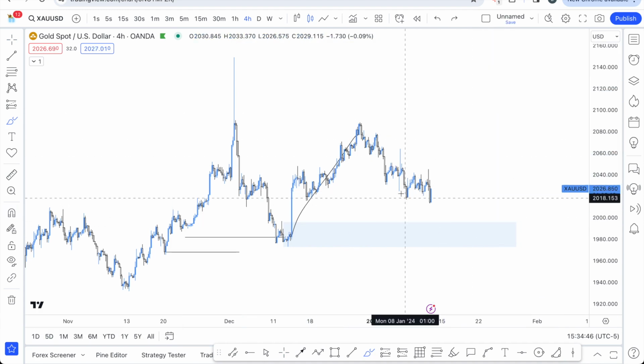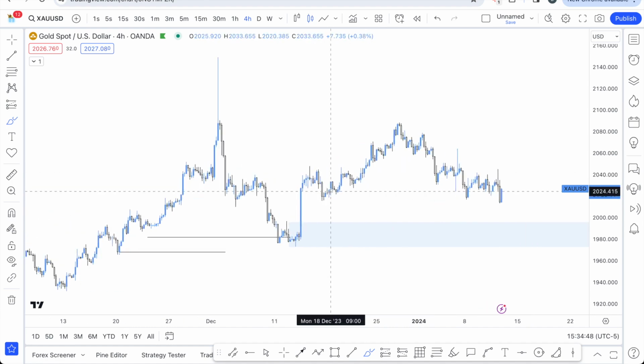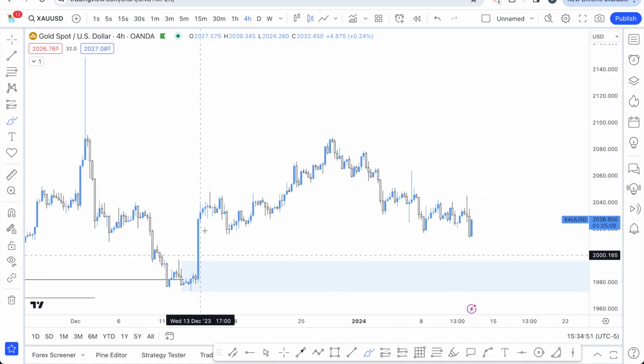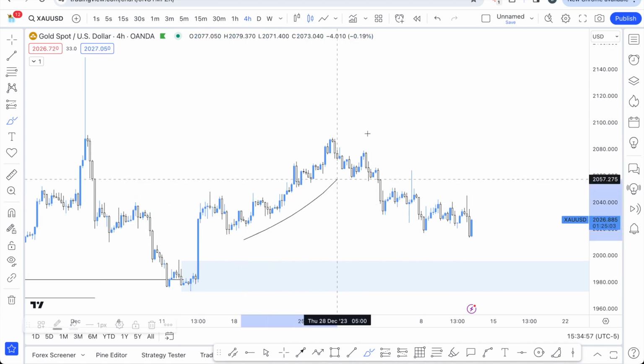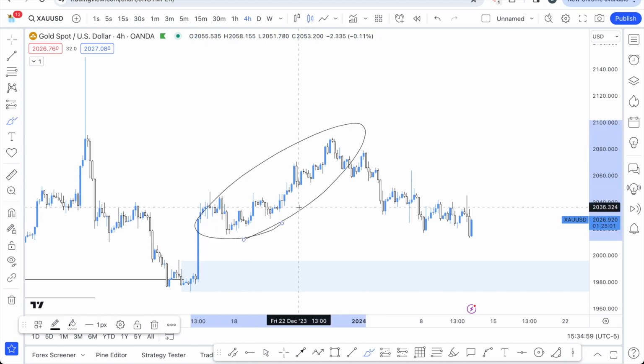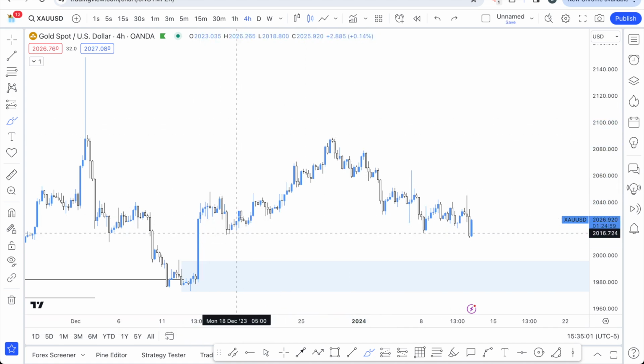But what if you didn't want to wait for that? Notice how price here has overextended, retraced, and then continued bullish. What if we wanted to be a part of all this momentum, all these lows and highs in here?